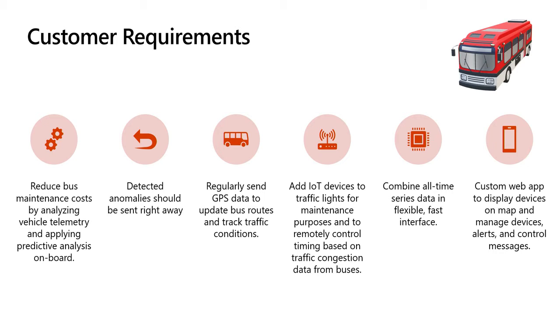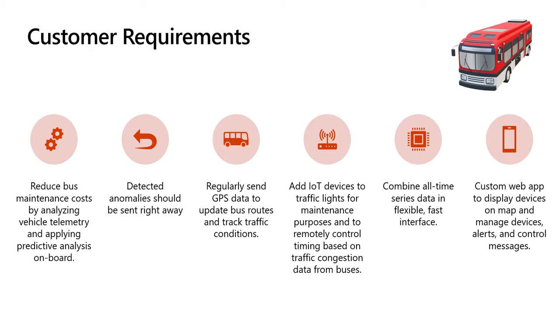Now, every solution has key requirements from the customer, right? The customer is New York City Council, and their end goals are pretty simple. They want to reduce the bus maintenance costs, basically by analyzing the telemetry and applying predictive analysis provided by a trained machine learning model.